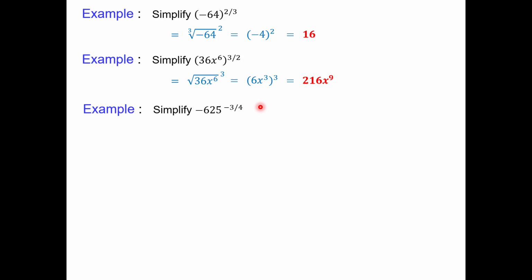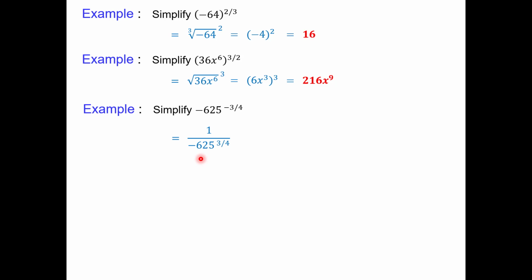How about this one? Notice that the negative sign on the negative 625 is not in parentheses. So this exponent does not actually affect this negative sign at all. With our negative exponent, we are going to move the base, and I'm purposely making a mistake here. Let's see if you can catch it.